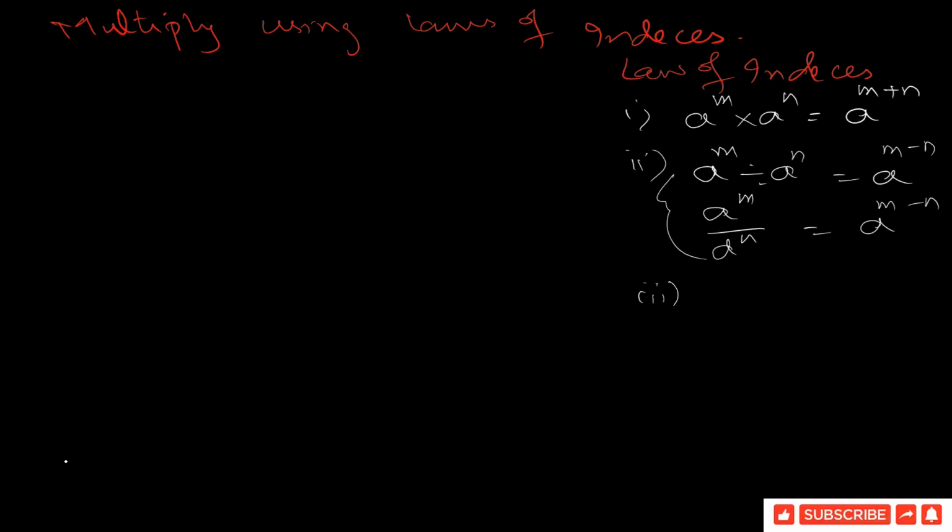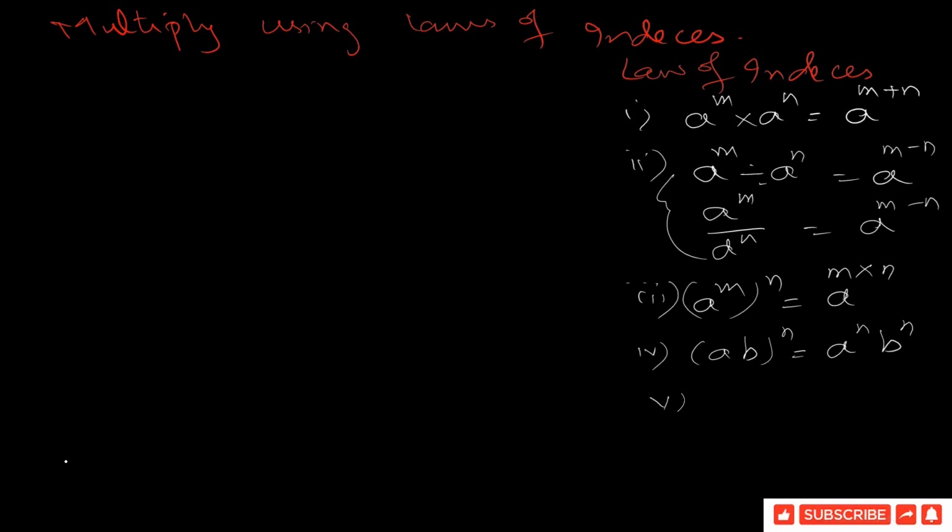Now the third one: a power m, power n, equals a power m times n. And the fourth one: a times b, power n, means a power n times b power n. And two more.